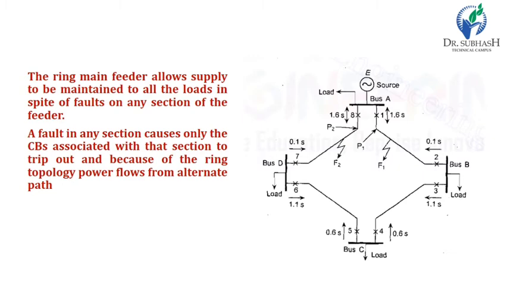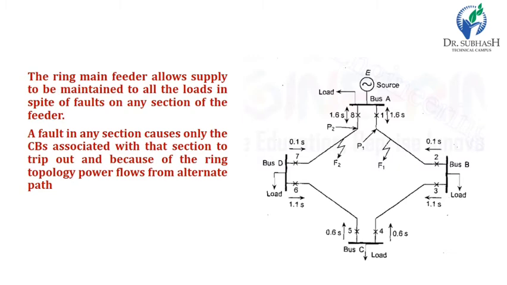So the number 2 relay has to select the proper fault current, and it has to sense the reverse direction of fault current.